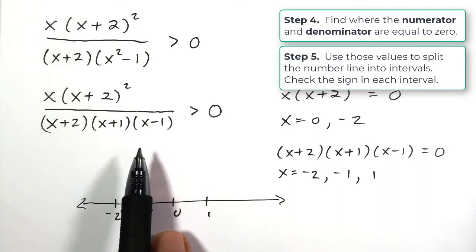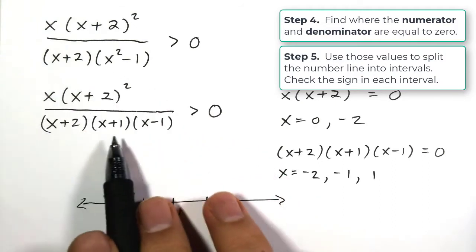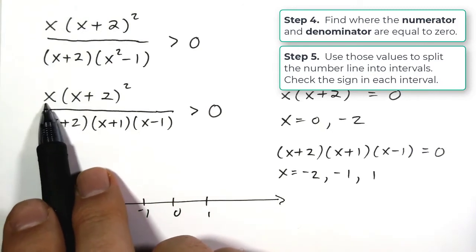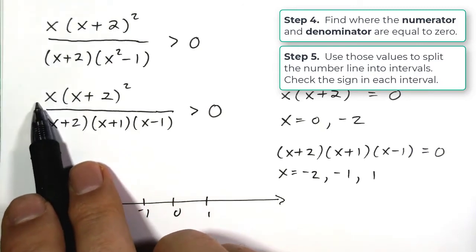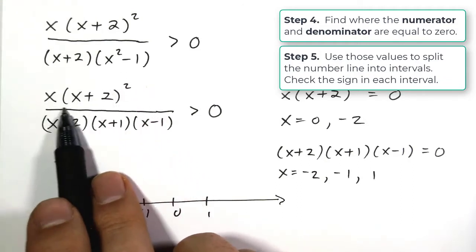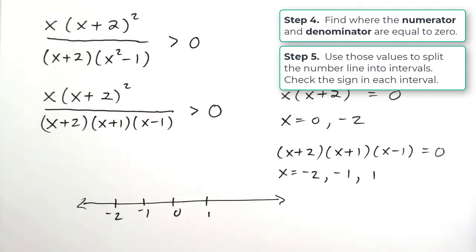You can compute it and see, do I get a positive number or a negative number? But you could also be a little bit less specific and just think about what's going to happen. If I take -3 and plug it in here, what am I getting? I'm getting a negative number here, and this is going to be positive because it's squared. So the numerator is negative.